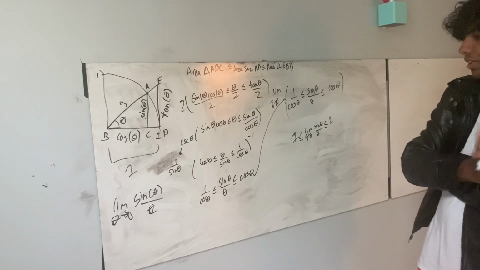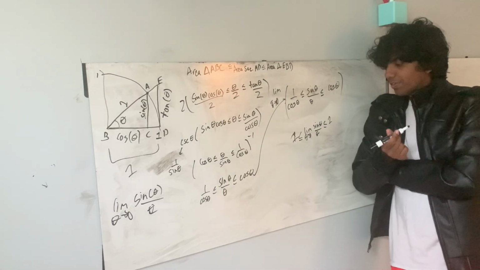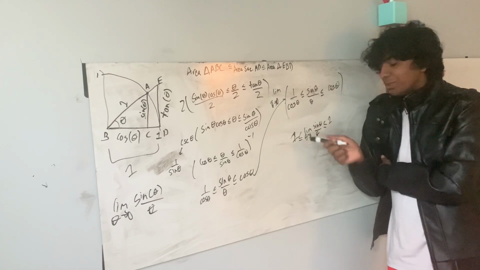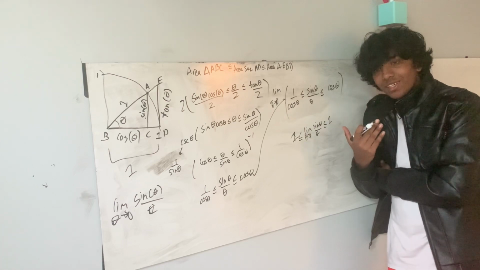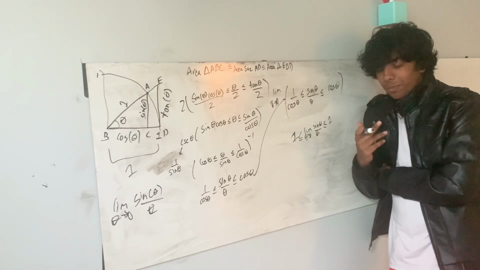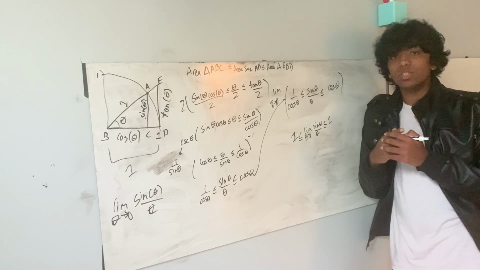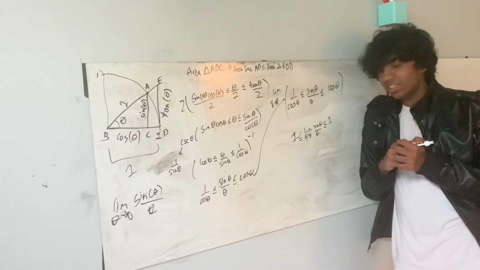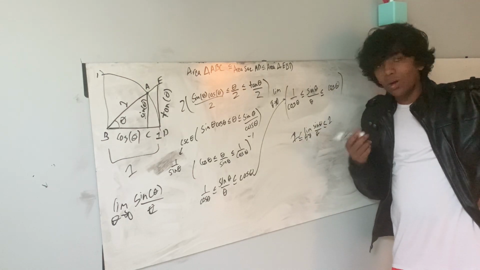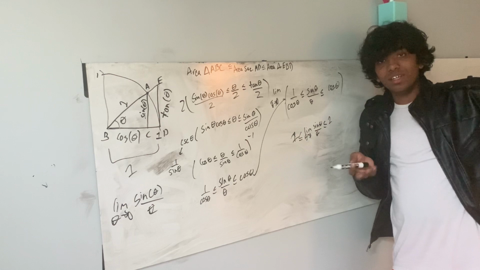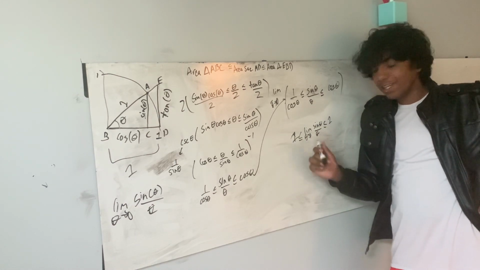Okay, well, now we found our limit. Now we got an inequality in terms of a limit. And guess what? I'll use some simple logic over here. If the limit is between 1 and 1, what is the limit? It's 1. It's like saying it is definitely a cat, but it's also definitely a cat. It's a cat, right? If it's between 1 and 1, the only number it could be is 1. If you don't believe me, give me any number between 1 and 1 that it could be.